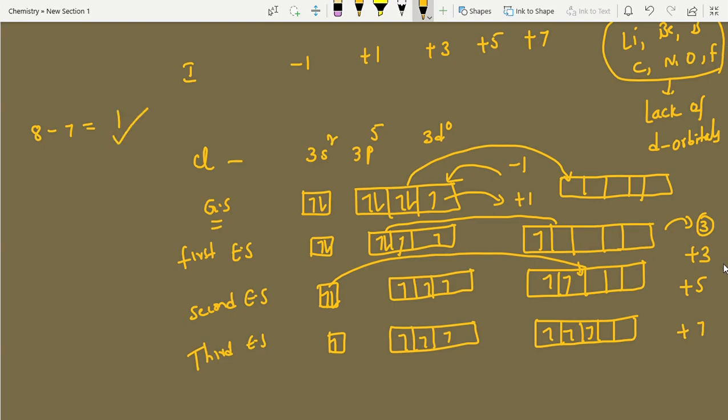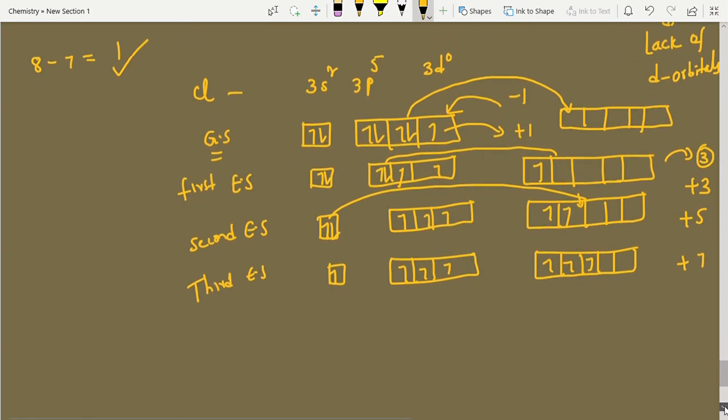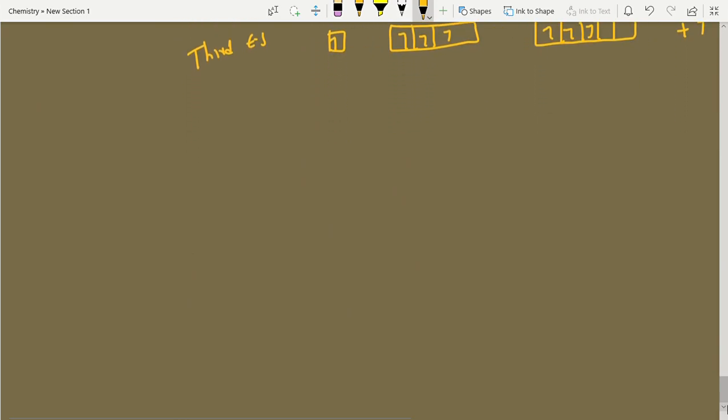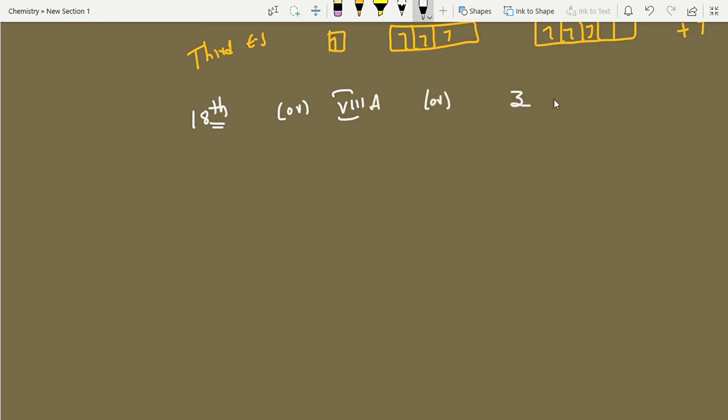Next one, another point. Last one, noble gases. Noble gases: helium and so on, that is what we call group 18. Group 8A elements or 0 group elements.